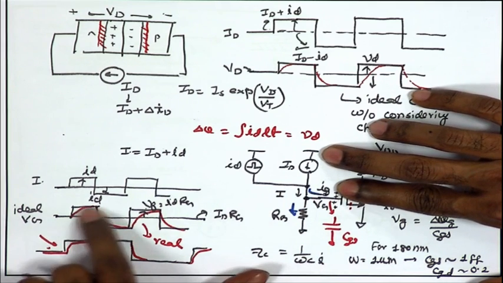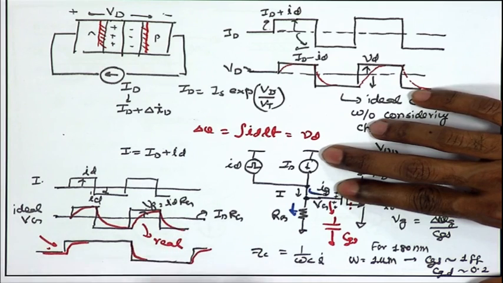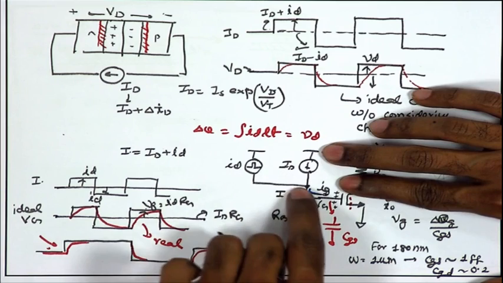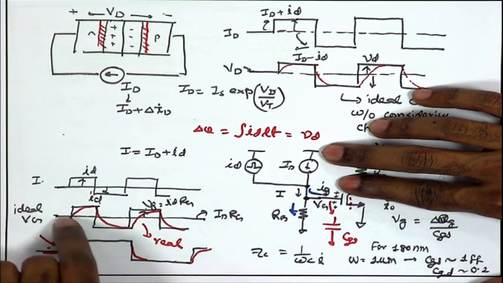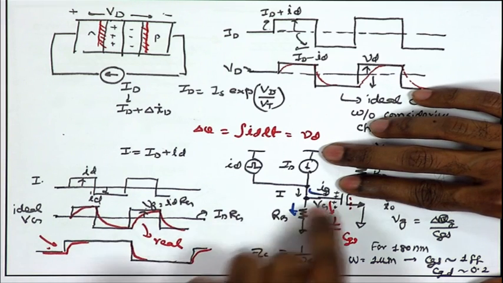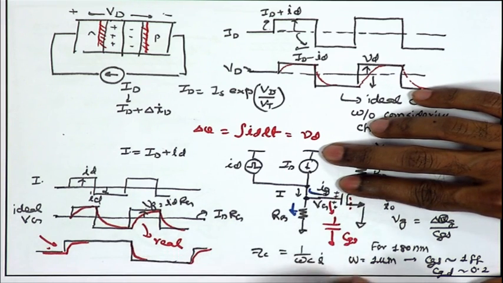So, your waveform is going to be more sluggish, and as a result your circuit response is going to be slower, because you are trying to increase the gate voltage instantaneously by increasing the drain gate current, but this capacitance, because of the charge storage mechanism, is slowing down your behavior.